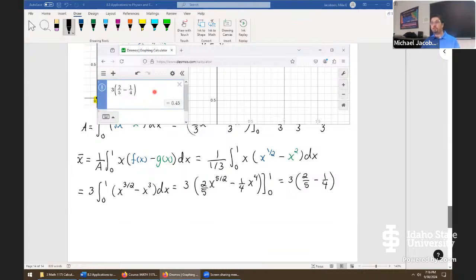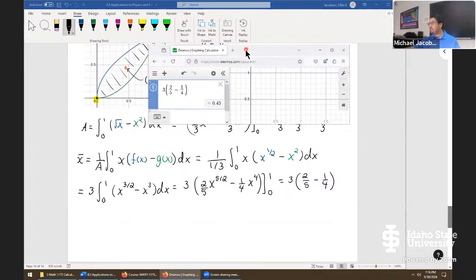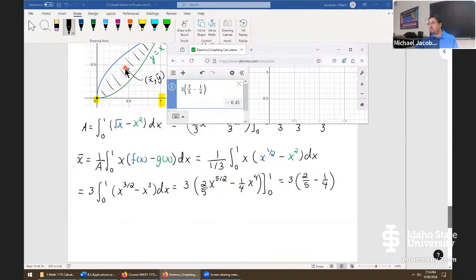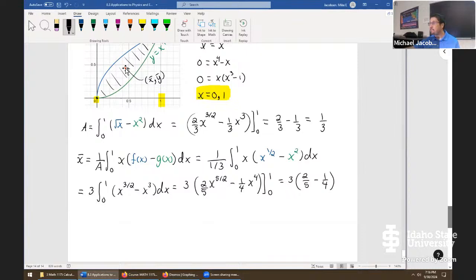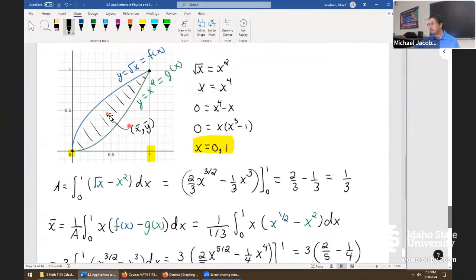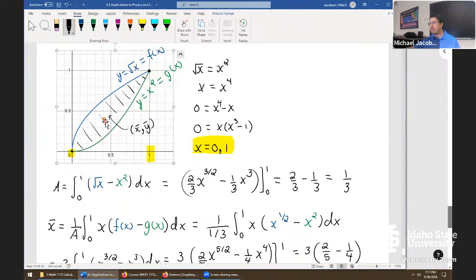I get a quantity of 0.45, and notice that's what we expected to see. So good calling, folks who said to budget down and left. It looks like that's about right. And if I wanted to make it fully accurate, probably should have gone about right there. So that looks like it's the right location for the centroid.